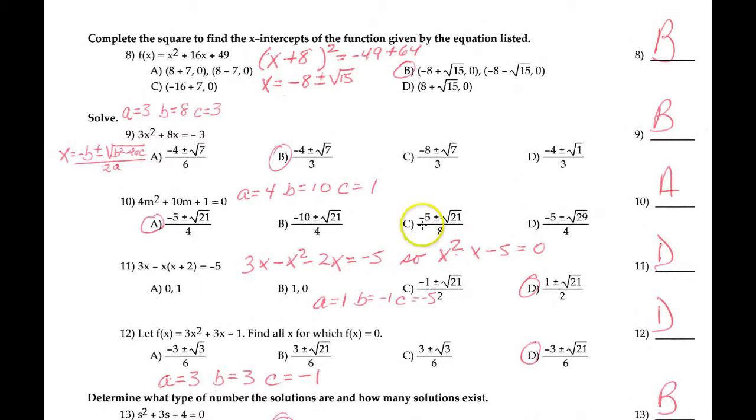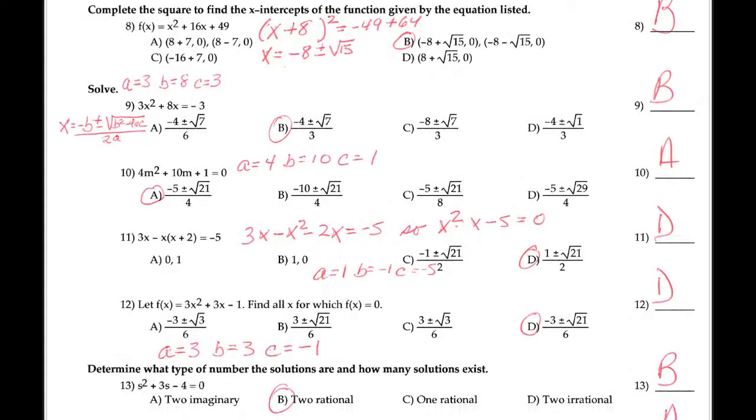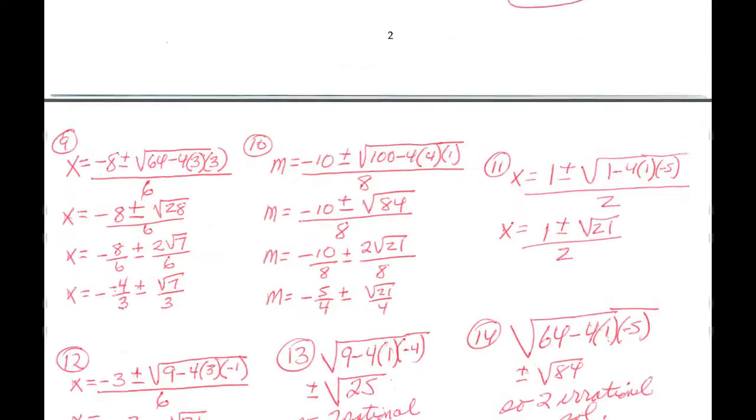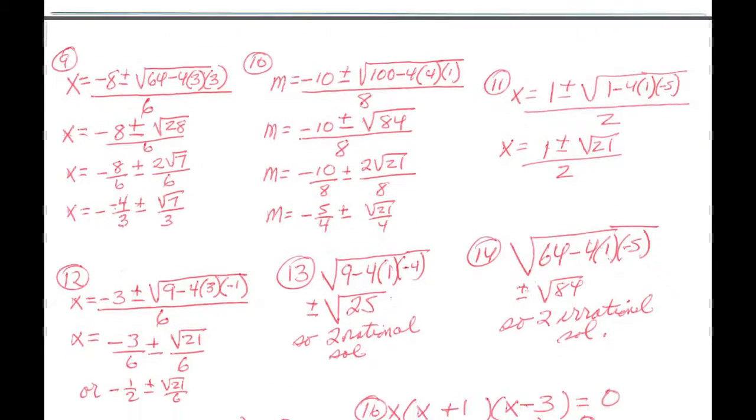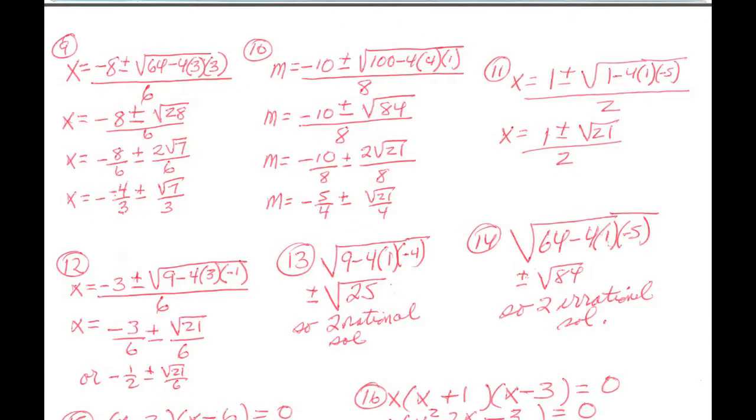Now, what I've done for all of these is actually I have the work on another paper, which is right here. So once you've identified the b, remember it's negative b, so a positive 8 goes in there as negative 8.